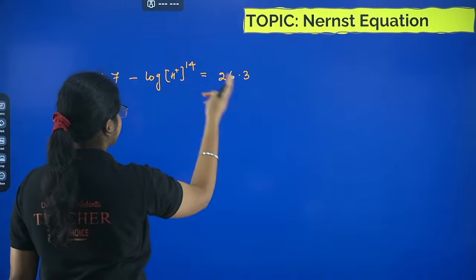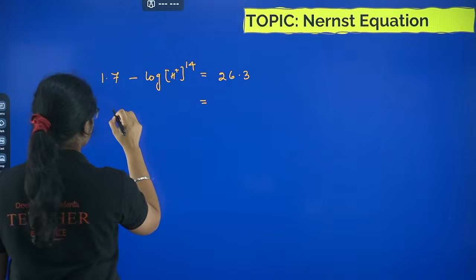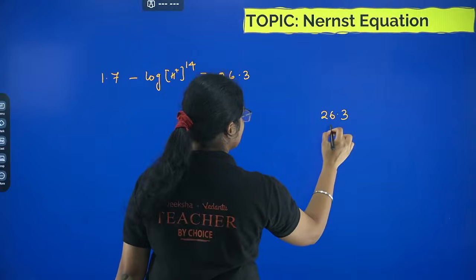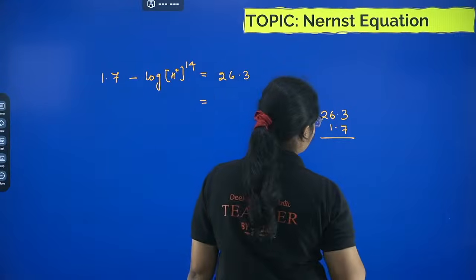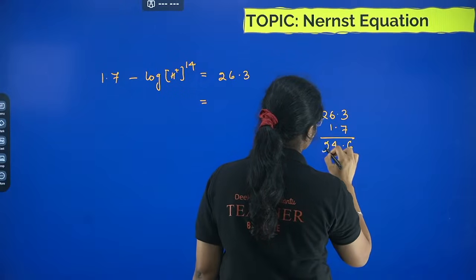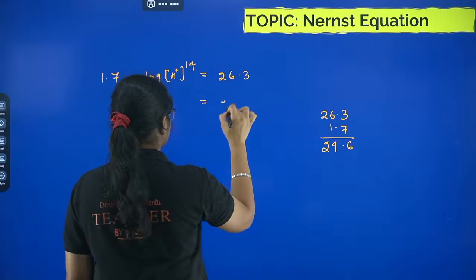Now what I can do, I can just subtract this one on this side. So I'll get 26.3 minus 1.7. 13 minus 7 I will have 6, then I have 4, 24.6, right? 24.6 I'll get.